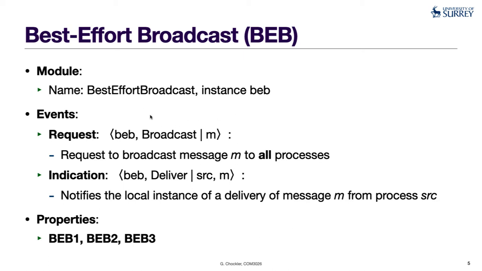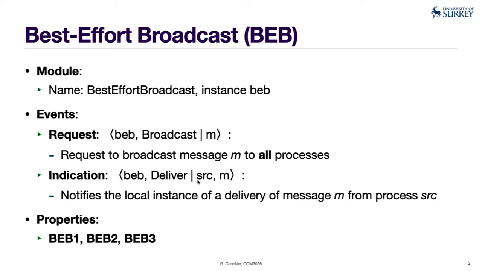Best effort broadcast, or BEB as we will shorten it, supports two external events. The broadcast requests are passed via this broadcast primitive, and this represents the request to broadcast message M to all processes, and the indication event will be deliver.